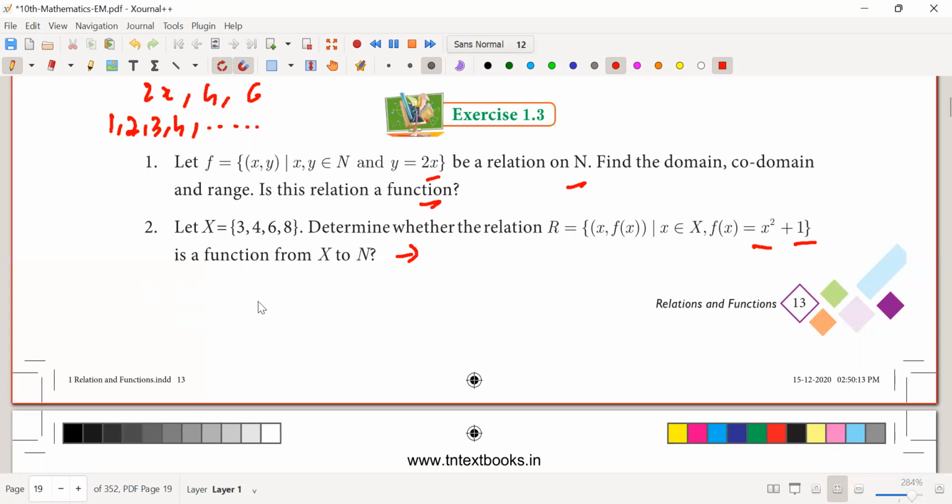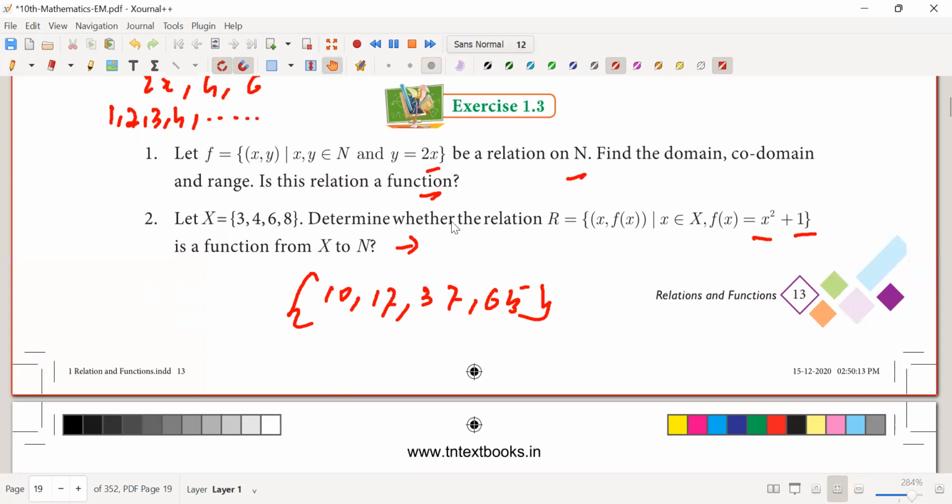So that is the domain. What is the range? 10, 17, 37, 65 would be the range. Yeah, this is a function. Everything is getting one unique image. So it's a function.